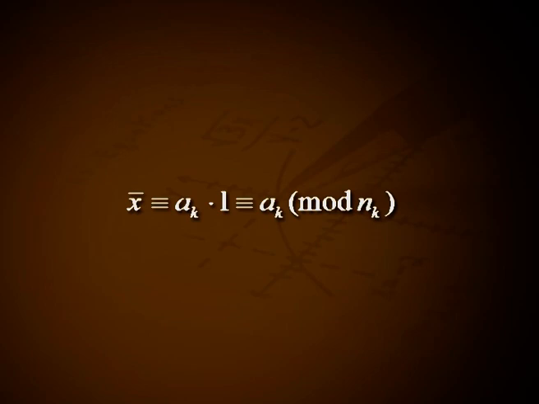But the integer xk was chosen to satisfy the congruence Nk x ≡ 1 mod nk, which forces x̄ ≡ ak · 1 ≡ ak mod nk. That is, the integer x̄ = a1 N1 x1 + a2 N2 x2 + etc. + ar Nr xr is a simultaneous solution of the given system. This shows that a solution to the given system of congruences exists.